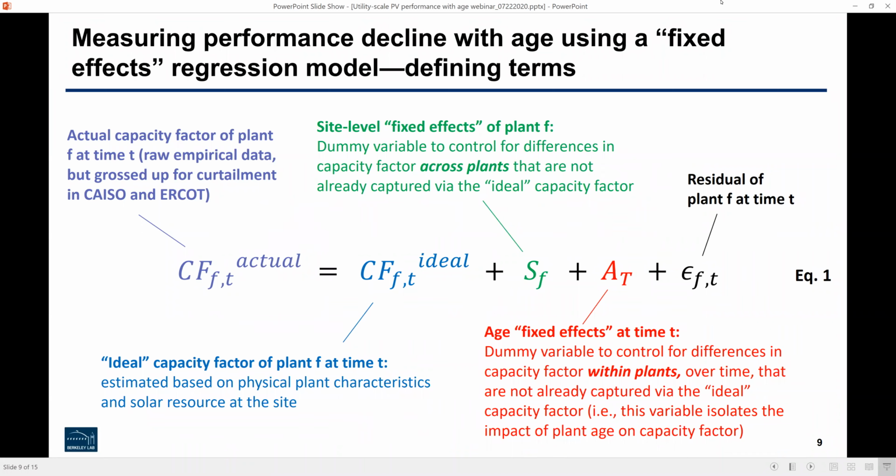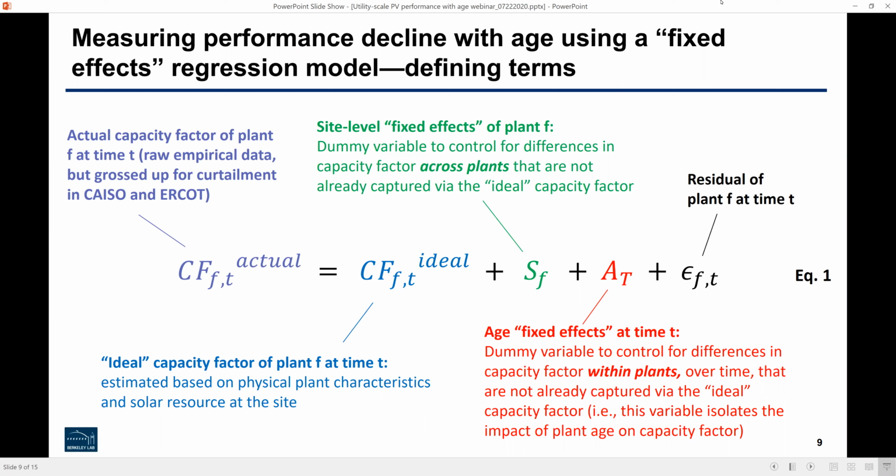So the left-hand variable here that you see in purple is the actual capacity factor using the raw empirical data, and for plants located in California and Texas, we gross up the actual capacity factor to correct for curtailment.